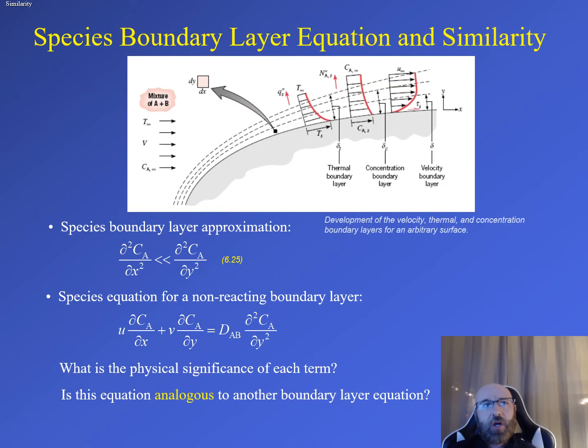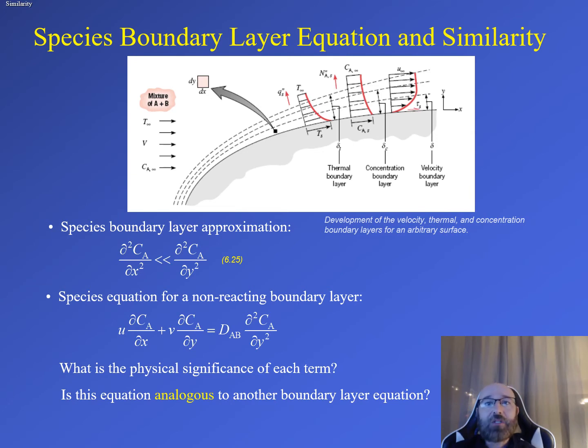So now let's take a look at our species boundary layer equation and similarity. We can see in this diagram the development of velocity, thermal, and concentration boundary layers for an arbitrary surface. The thing to think about is that the boundary layer thicknesses are typically very small relative to the size of the object in which they form, and the x direction velocity, temperature, and concentration must change from their surface to their free stream values over these very small distances.